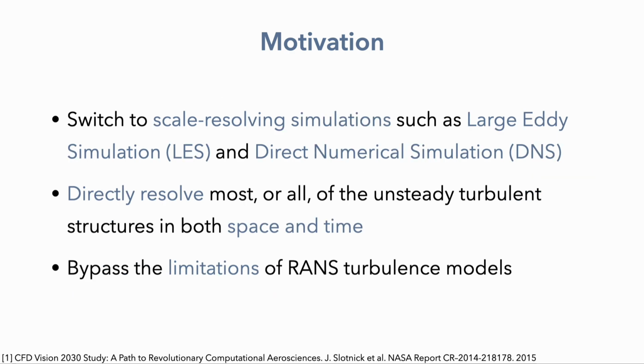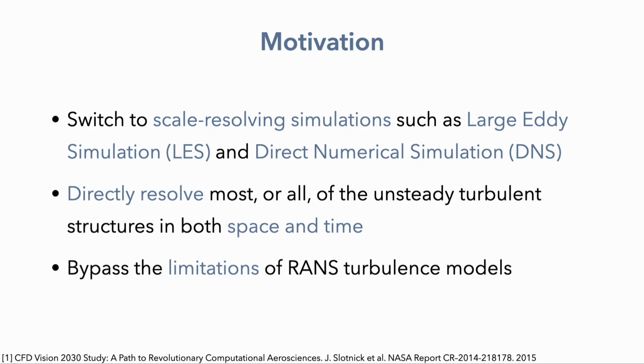So what's been proposed is to switch away from RANS because of the limitations of current turbulence modeling techniques, and to switch towards scale resolving simulation. So what we're talking about here is things like large eddy simulation and direct numerical simulation.